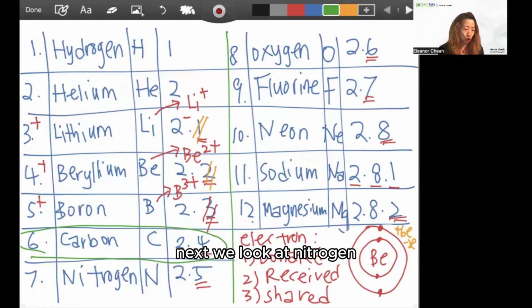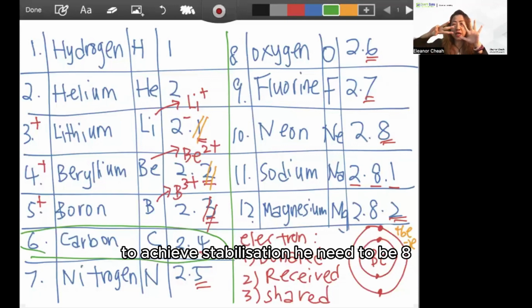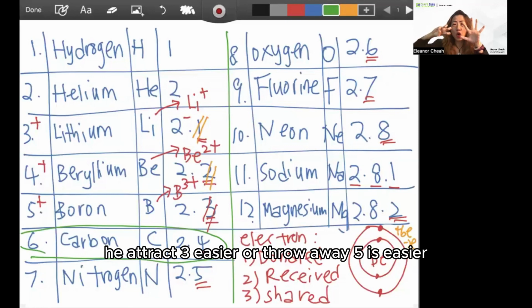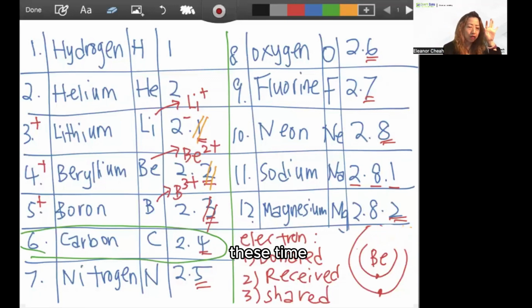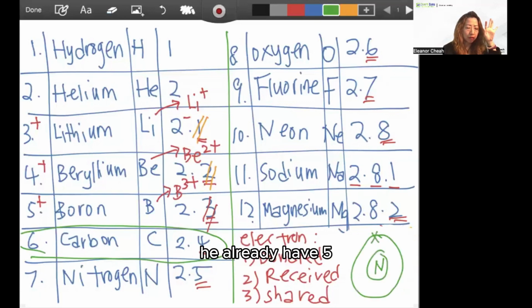Next, we look at nitrogen. Nitrogen has 5 valence electrons. To achieve stabilization, he needs to be 8. So is it easier to attract 3 or throw away 5? This time, throwing away 5 sounds like it needs more energy. He already has 5, 1, 2, 3, 4, 5. He only needs to attract 3 more, 1, 2, 3.